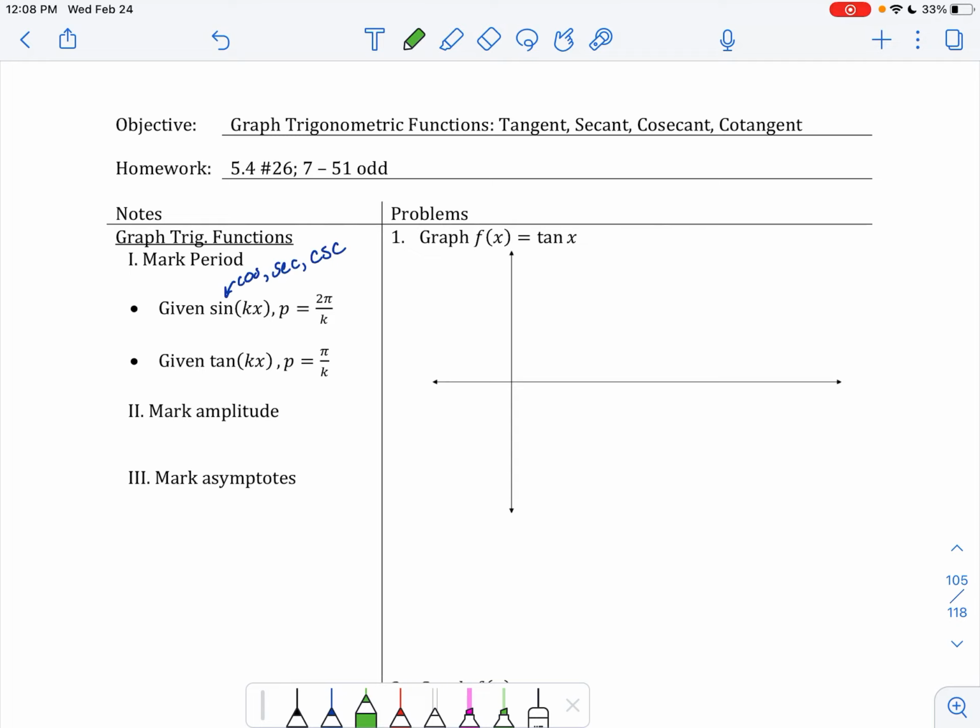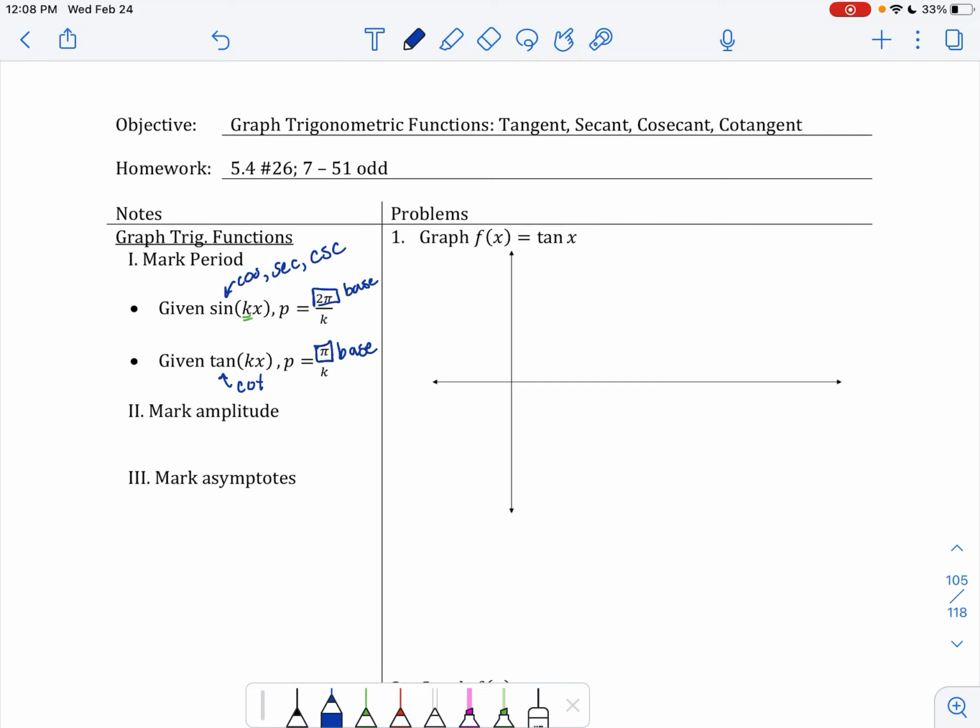And remember that k is the coefficient of the inner variable, and 2 pi is your basic period without any transformations. Now what's important here is that if it's tangent, or in this case cotangent, the period is pi over k, and so you have just a smaller period for tangent and cotangent.